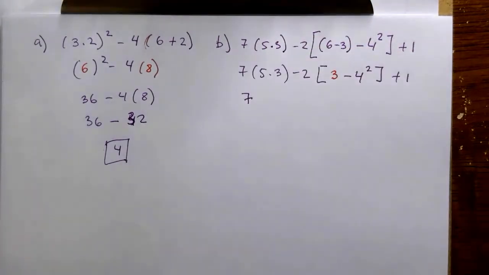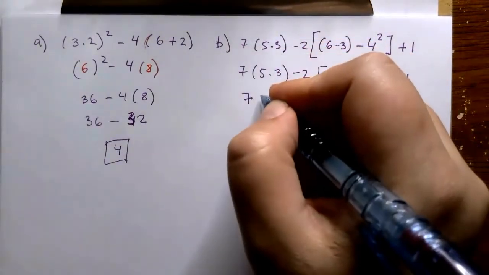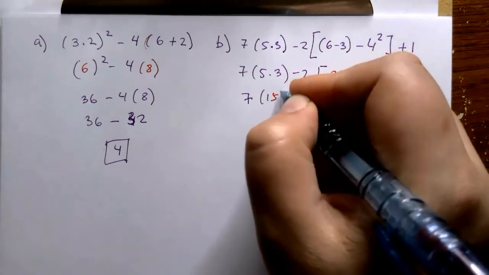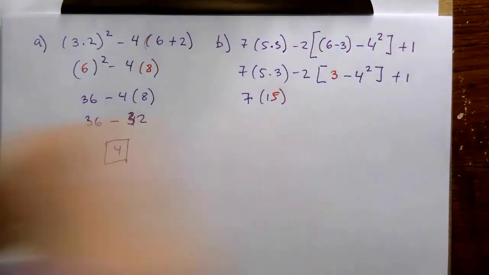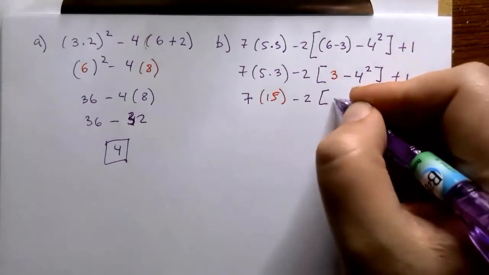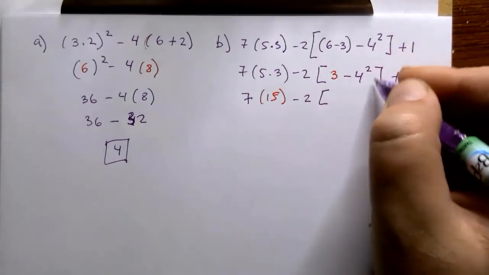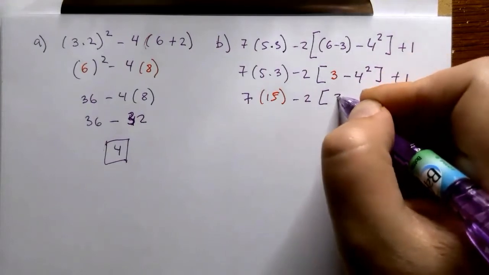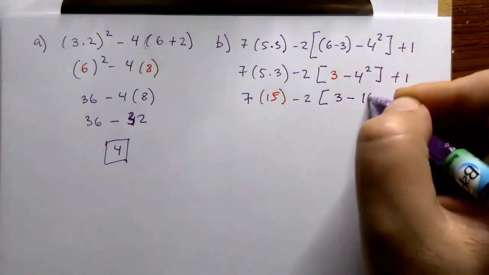So 7, I can multiply 5 times 3. Now, I'm going to first figure out the exponents. So I have 3 minus 16.